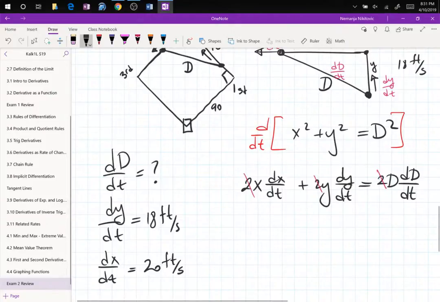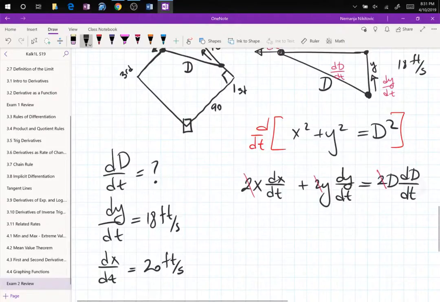How far do you go if you're running 18 feet per second in 1 second? You go 18 feet, right? So the y covered 18 feet. So how much is left in the triangle?